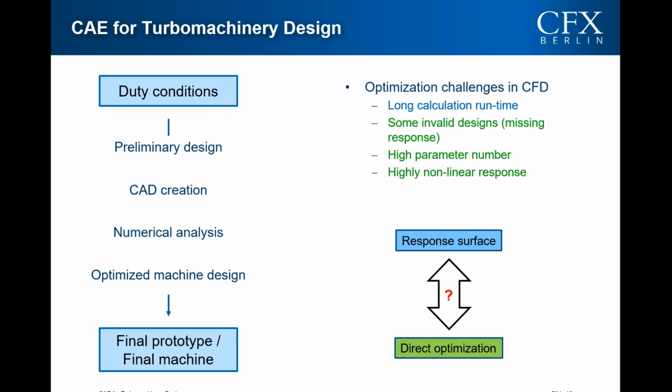So this speaks for direct optimization. Also, normally we have a high parameter count, which heavily increases the number of designs we need to calculate for DOE or response surface. Furthermore, the highly nonlinear response of flow systems can make it difficult to calculate a smooth surface over the system response. And for that reason, we, not always, but often prefer the direct optimization approach here.